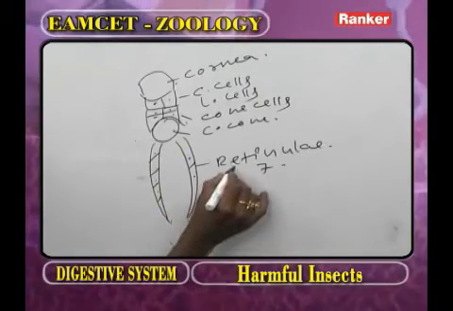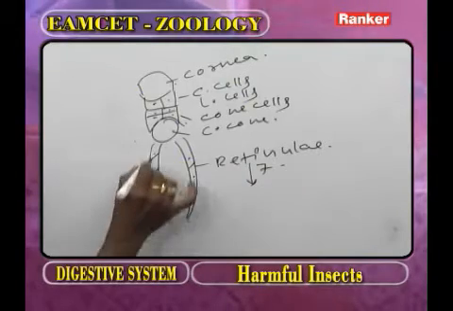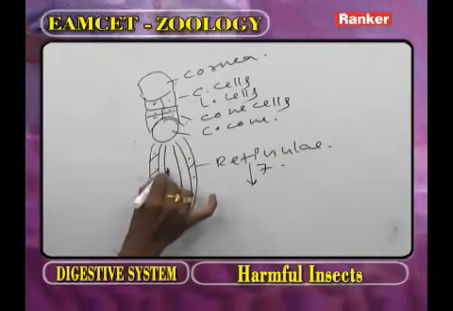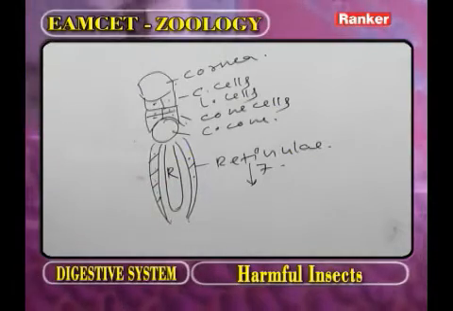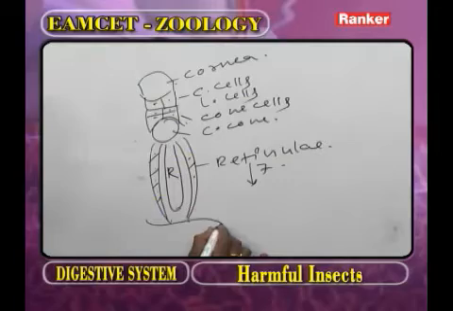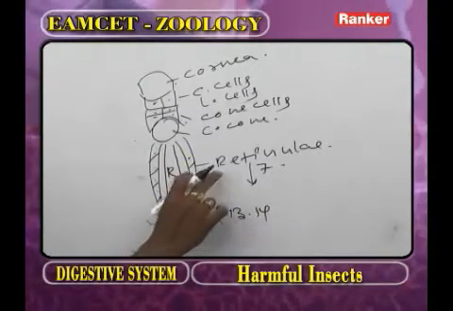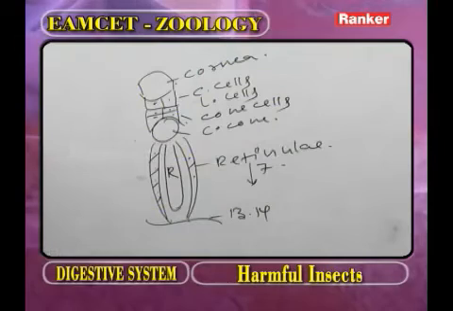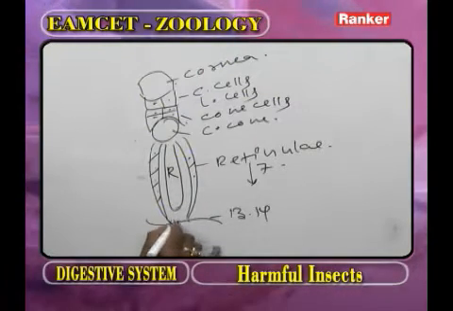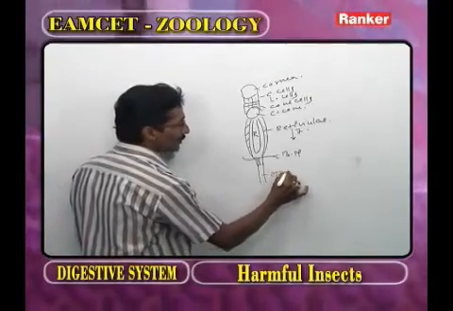Now these retinulae secrete the rhabdome. Now this is the ommatidium. Entire ommatidium rests on the basement membrane. The retinulae are nothing but the nerve cells. From these nerve cells the nerve fibrils will arise. They unite to form one optic nerve.